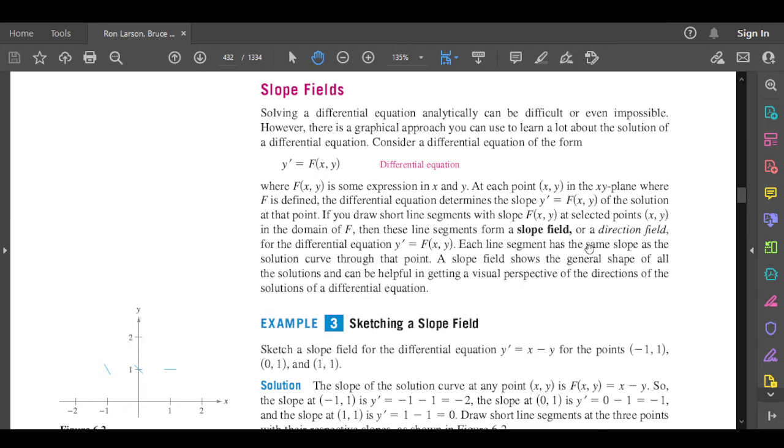So if you are given values of x and y, and then you draw the line segment that you form given the slope, then the graph you form is the slope field. It is also called a direction field.